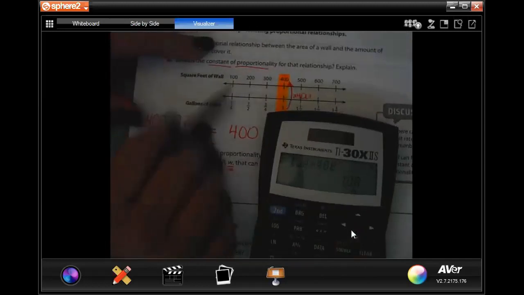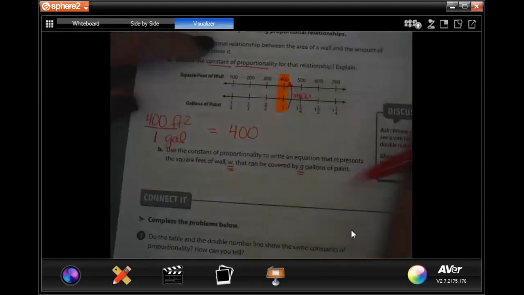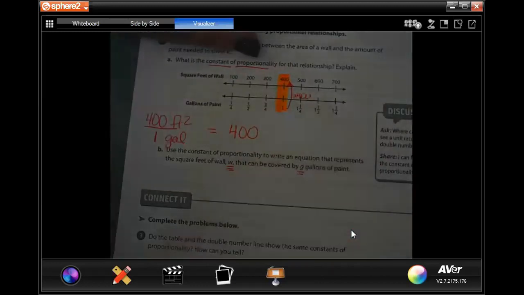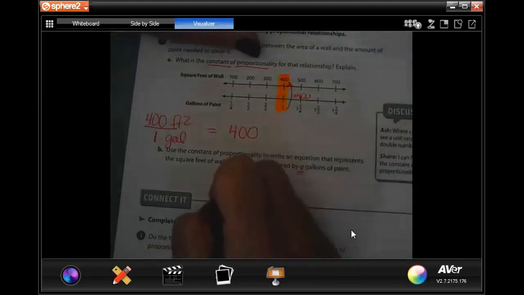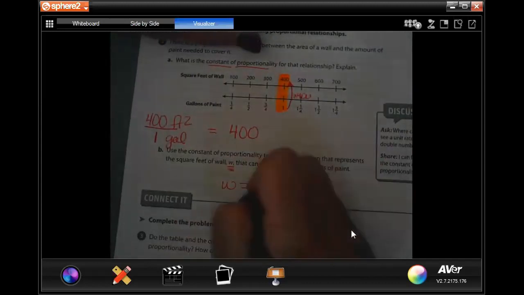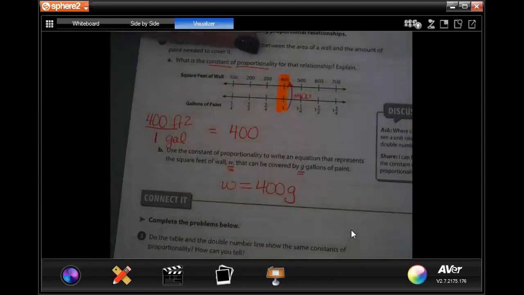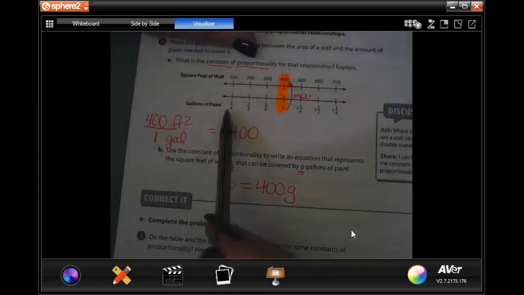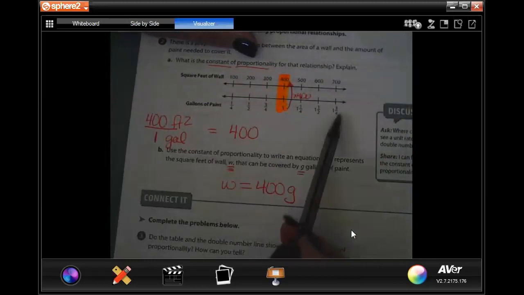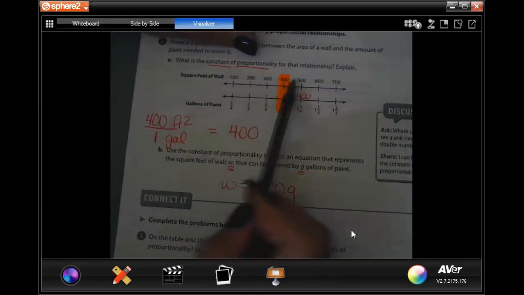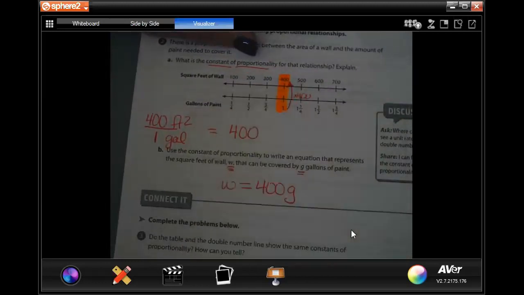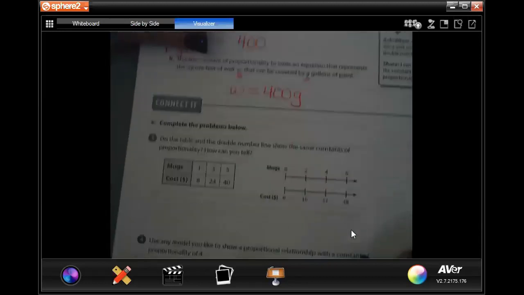So these are all the same, I promise. So here's our equation. The square feet of wall, W, equals 400 times the gallons of paint. Because if I took any of these and multiplied it by 400, I would get that.